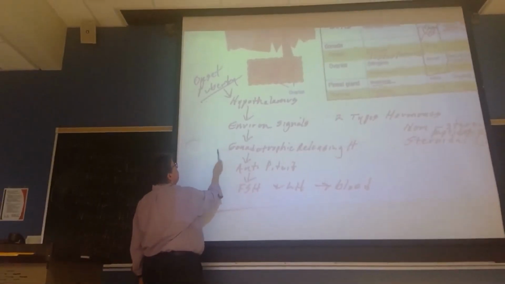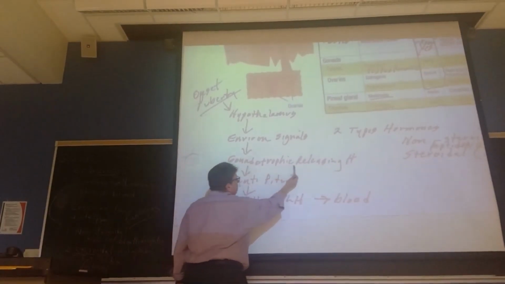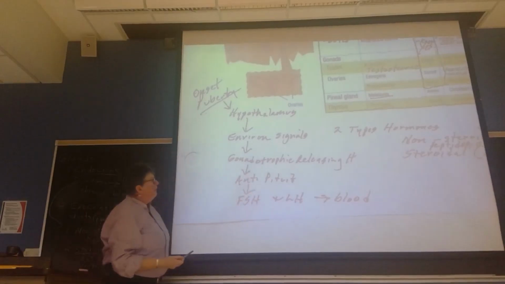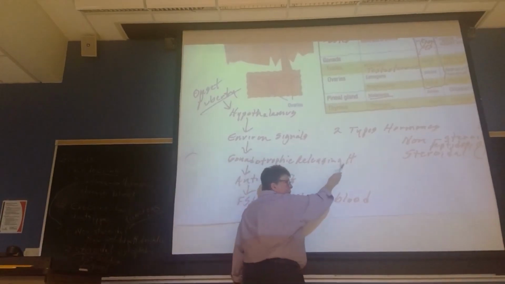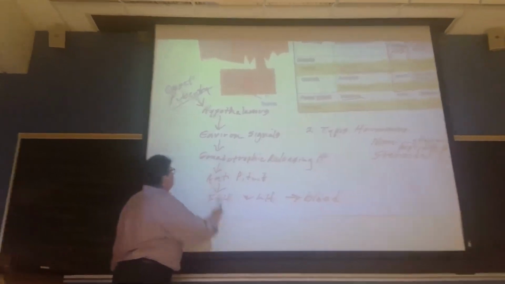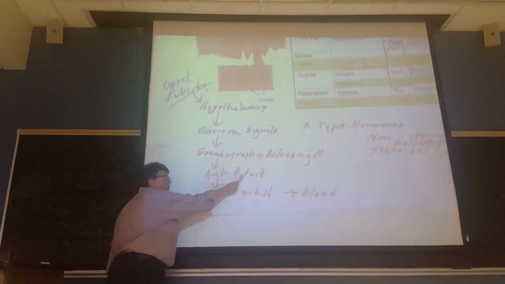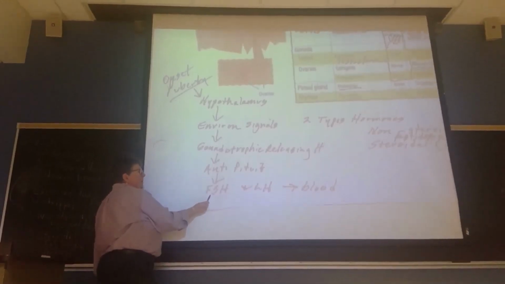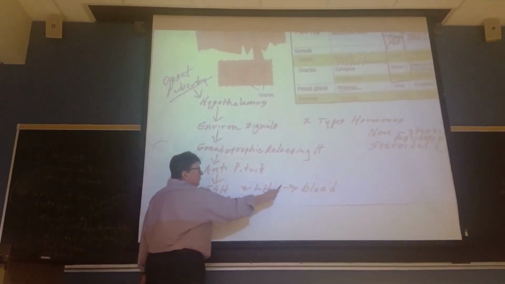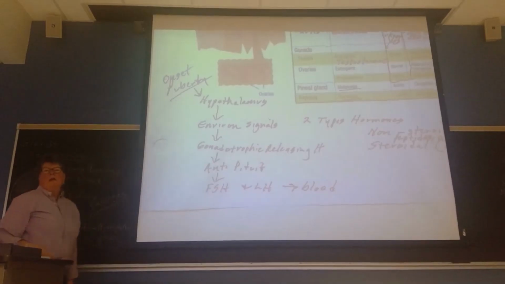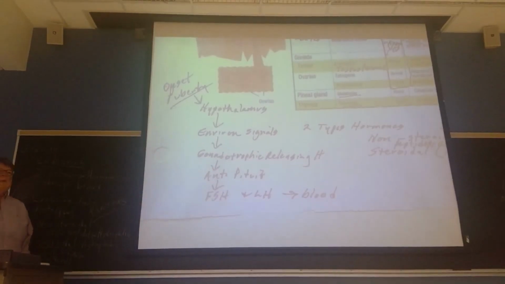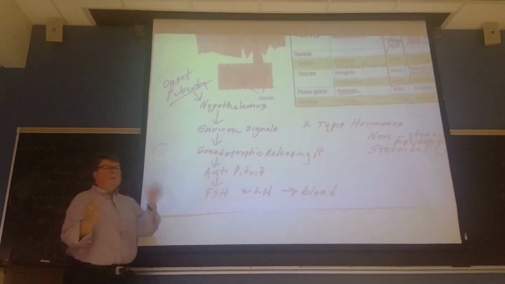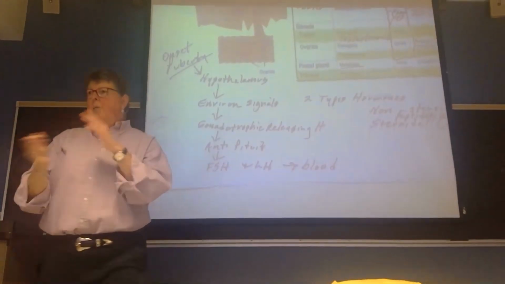This is the hypothalamus right here. The hypothalamus releases gonadotropin releasing hormone, which then goes to the anterior pituitary, which then causes FSH and LH to be released into the blood. This is part of the reproductive system as well, so the endocrine and reproductive systems cross over.